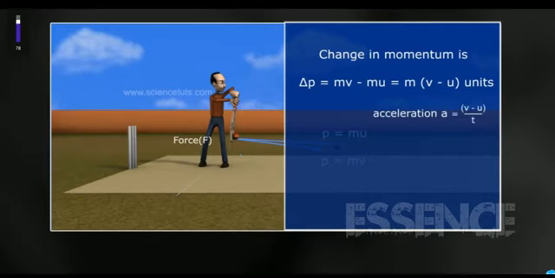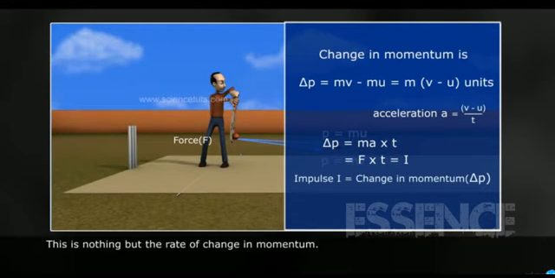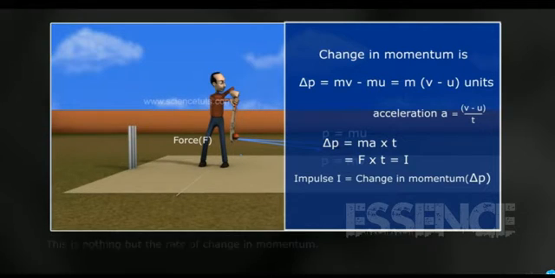But acceleration a = (v − u)/t. So Δp = ma × t = F × t = I. This is nothing but the rate of change in momentum, F = Δp/t.